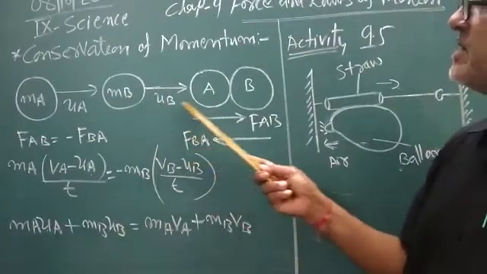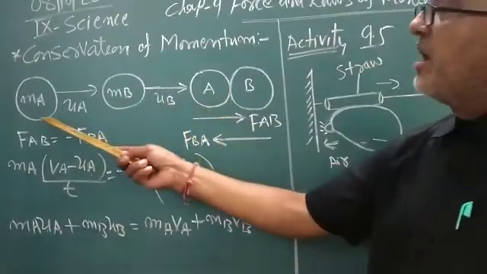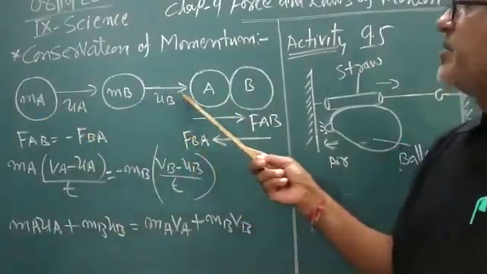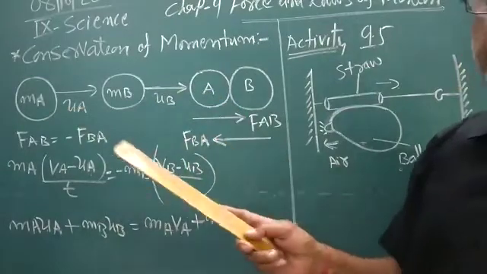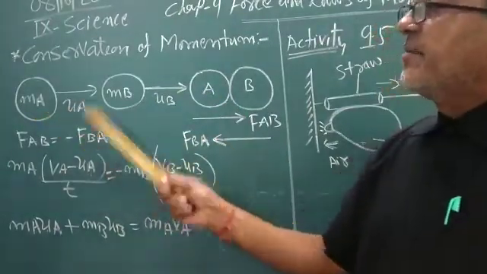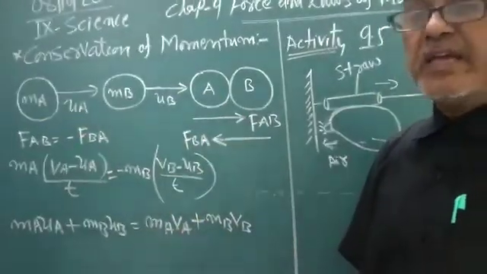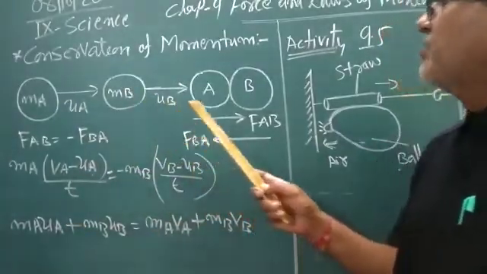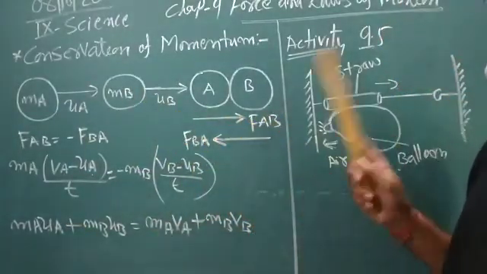Now, after the two bodies meet together, the force exerted by object A on B is known as FAB.